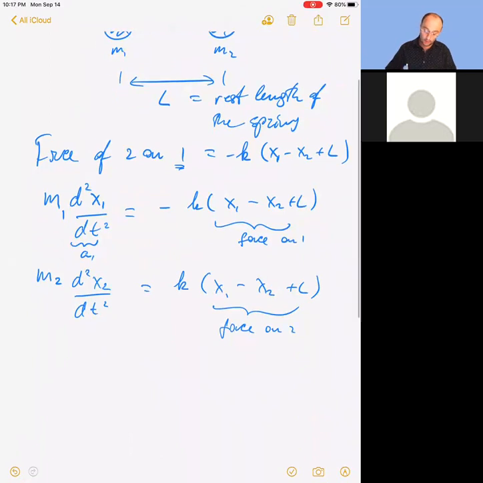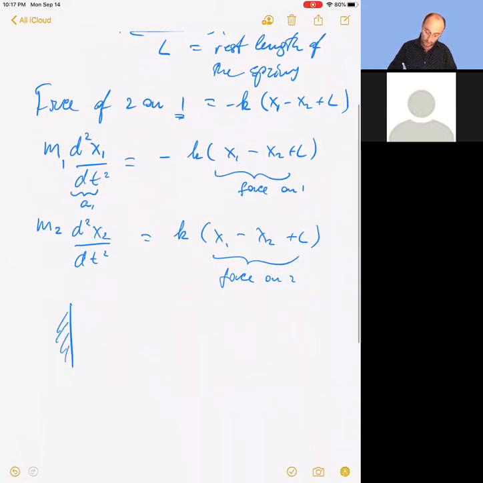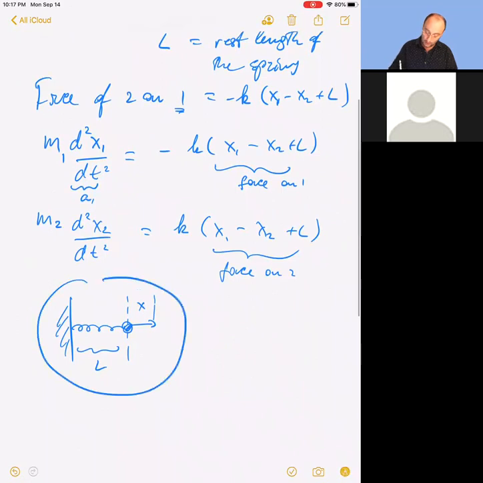This is Hooke's law. Now you probably know a simpler situation where you have a mass attached to a wall on a spring of rest length L, and you measure the displacement away from that equilibrium position, right? So for that situation, these general expressions will specialize to minus kx, which you're more familiar with, where x here is really this whole glob of stuff right here.